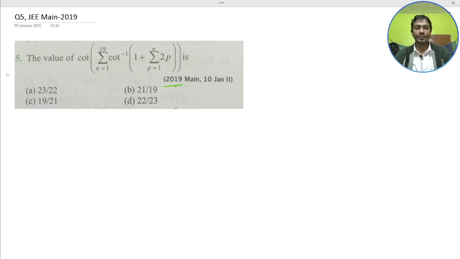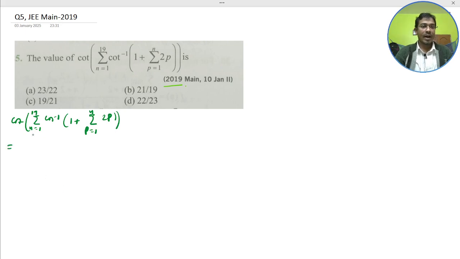So here, cot of summation n from 1 to 19 of cot inverse of 1 plus summation p from 1 to n of 2p.